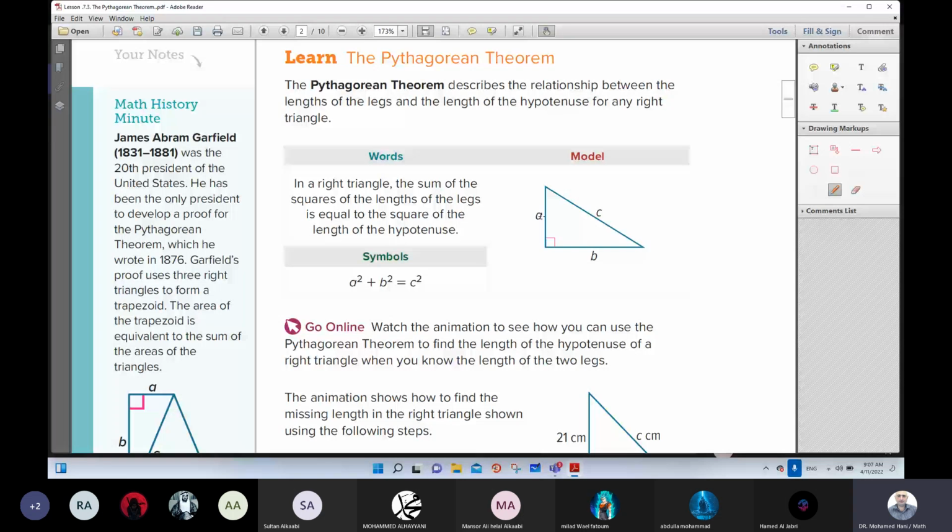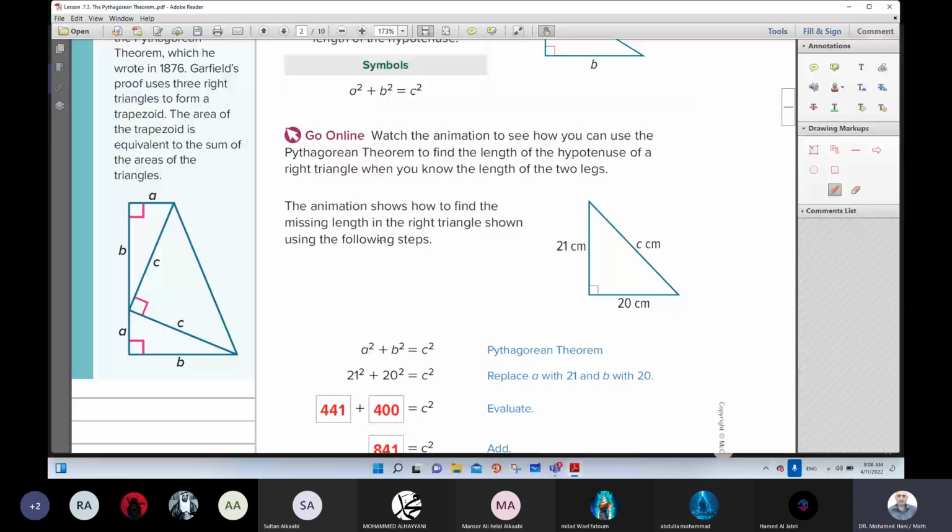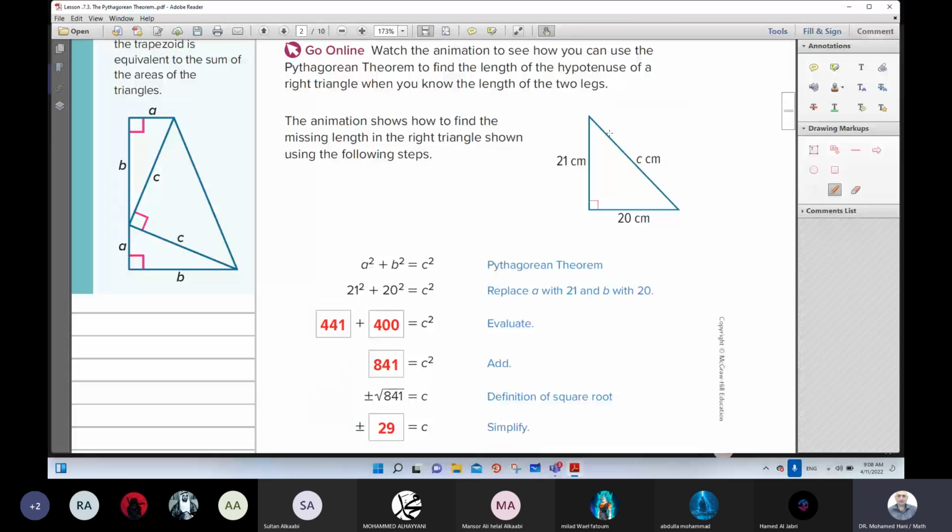For example, as you see here, we have a right triangle. We know the first leg, 21 centimeters, the second leg, 20 centimeters, and the missing value is the hypotenuse.